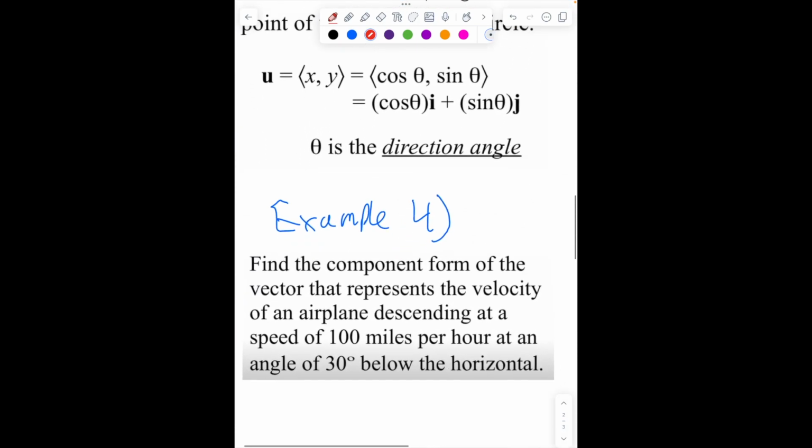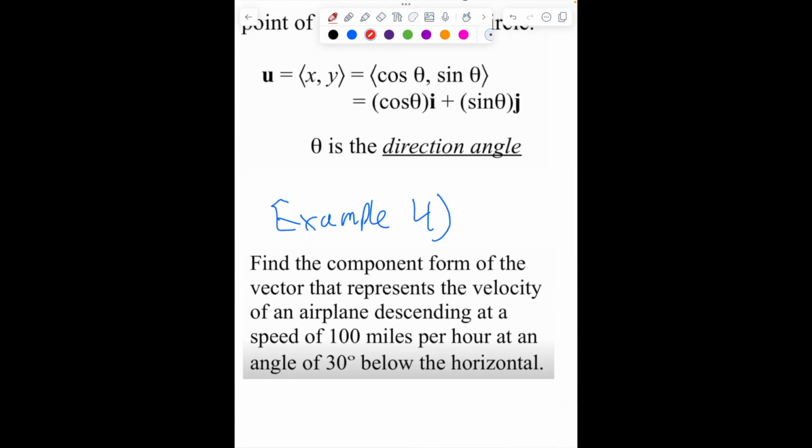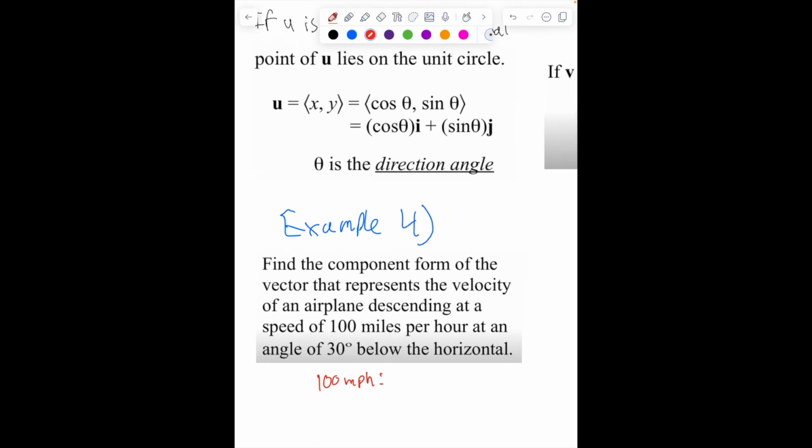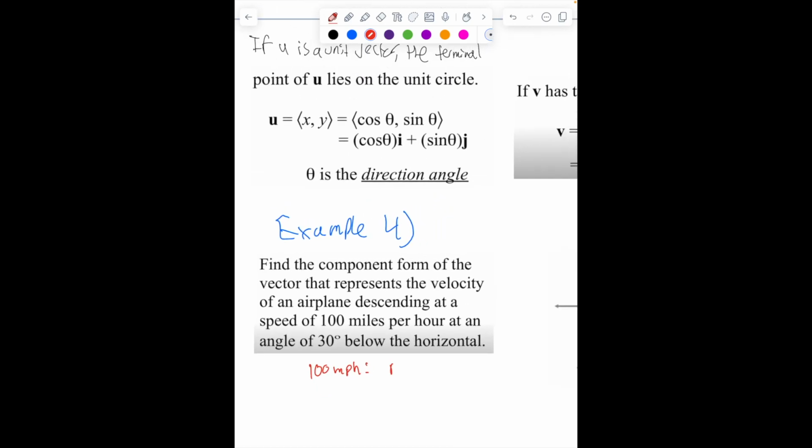Find the component form of the vector that represents the velocity of an airplane descending at a speed of 100 miles per hour at an angle of 30 degrees below the horizontal. Now remember, it says 100 miles per hour, but to have this unit vector, we need a magnitude of 1. So that would be 100 miles in 1 hour.